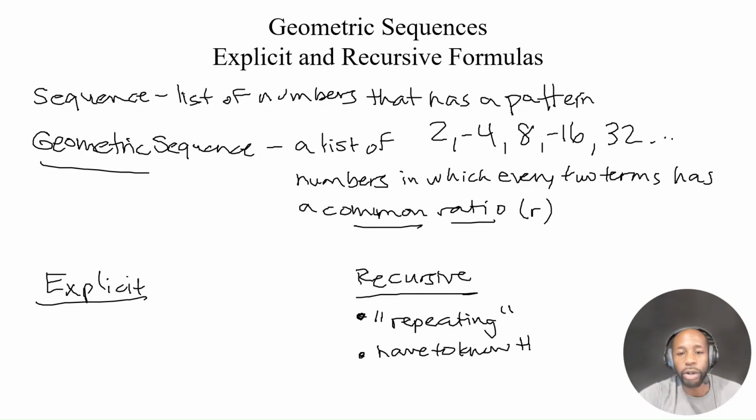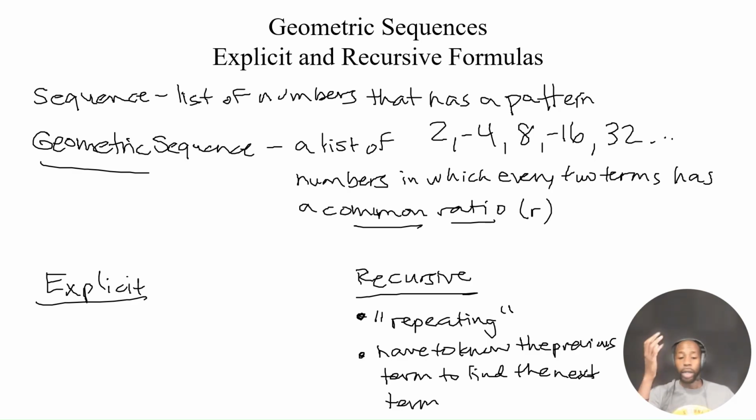the previous term to find the next term. So what do I mean by that? What I mean is you have to have the term before. Say, for example, you want to know term number 3, the third term.